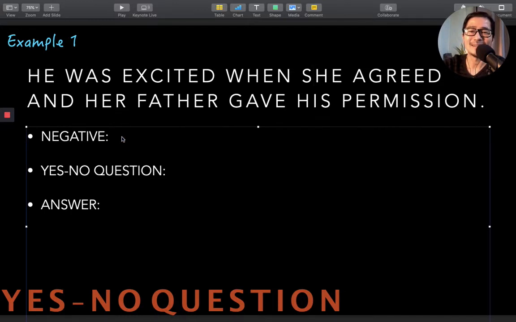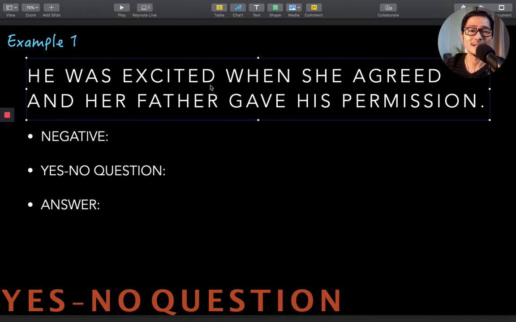Okay, let's start off with the negative sentence. So again, first of all, you have to choose which part you're going to manipulate. Okay, because you cannot change everything to negative. Where is your main clause in this sentence?